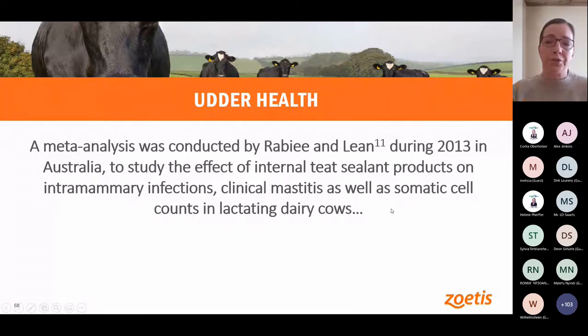So just to quote this meta-analysis, they did it in Australia in 2013, and they studied the effect of internal teat sealants on intramammary infections, clinical mastitis, as well as somatic cell counts in their animals.